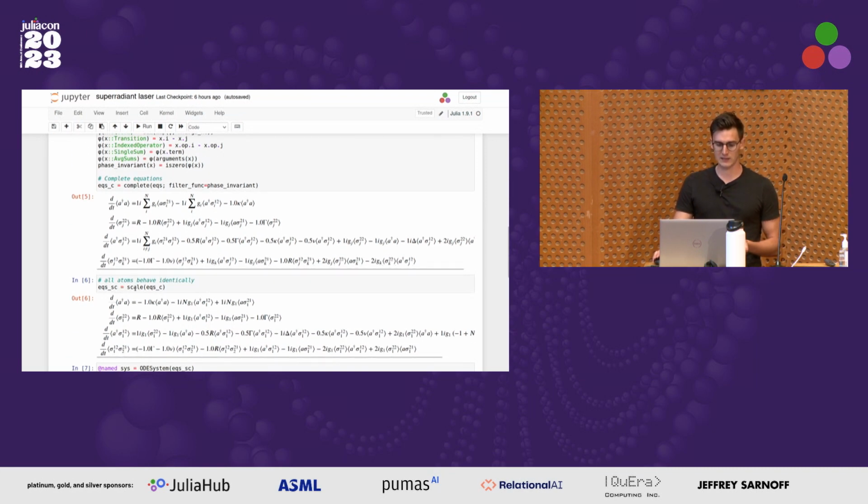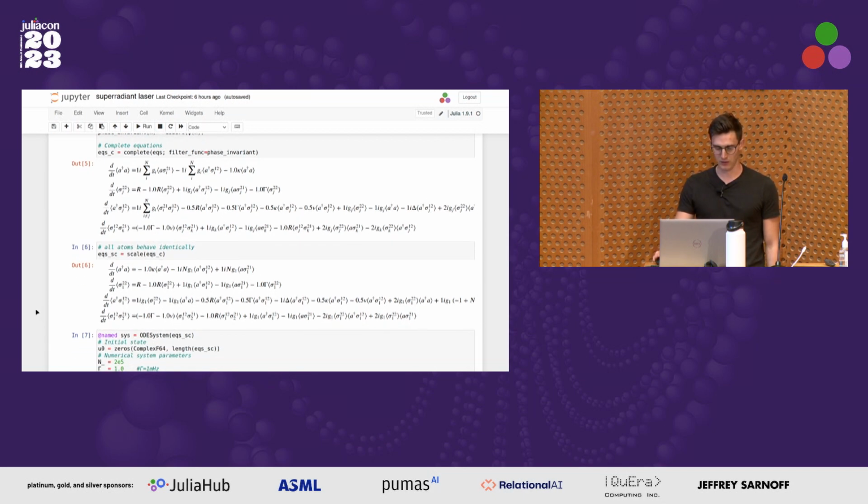This means we can scale up our system, which replaces all these different sums by only a factor of n, and we only end up with these 4 equations, which means it's super practical to describe very large systems because the atom number just enters as a numerical factor. So the number of equations doesn't grow with the atom number, and it's pretty cool actually.